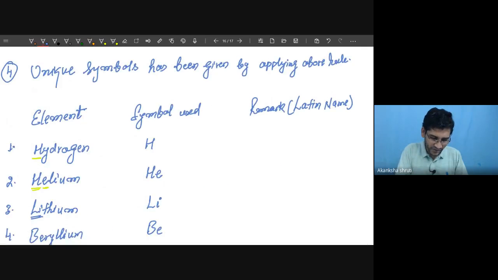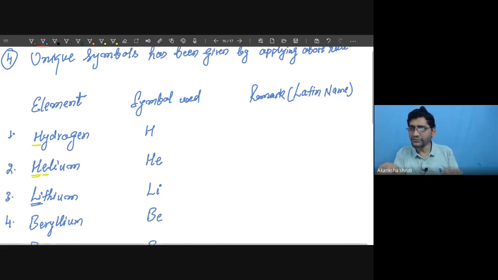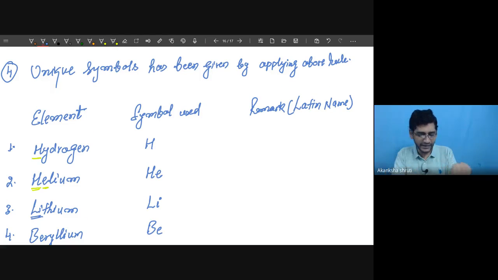So students, what are the important elements for you, and what are their symbols? This you have to keep in mind. Okay, students. Now we have to understand, after these symbols, how these elements differ from each other. What are the characteristics? The characteristics are their masses.